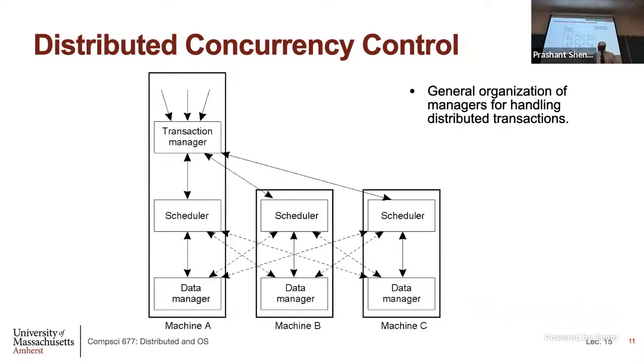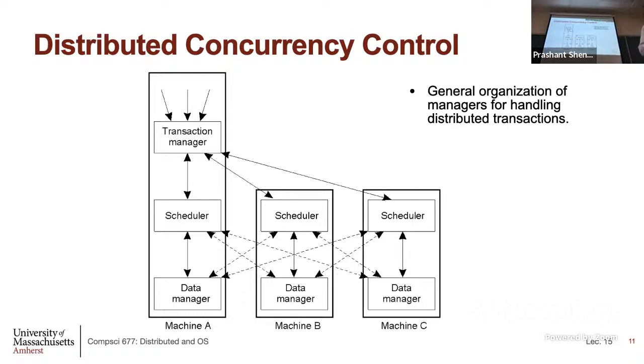Now our database is split across three machines, A, B, and C. But there's still our transaction manager. Transactions are coming in. And then there's a scheduler on each machine that is going to grab locks on whatever data is stored on that machine if the transaction touches that data. And then there's a data manager here that's reading or writing information.